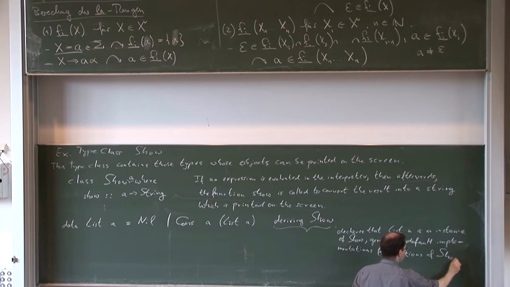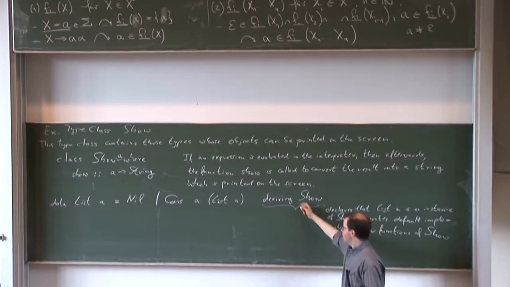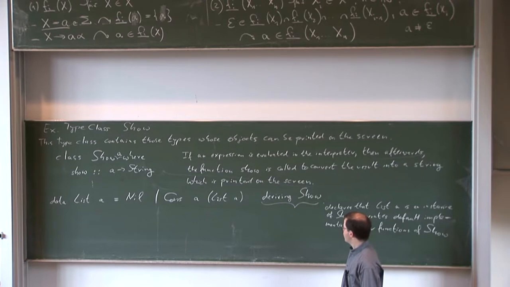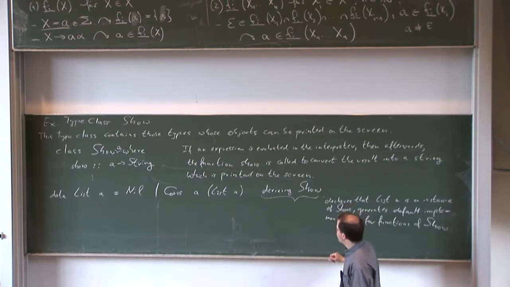You can do this with certain predefined type classes. You can also write deriving Eq, or there are some other predefined classes where you can do this as well. So this is the short way of doing it.